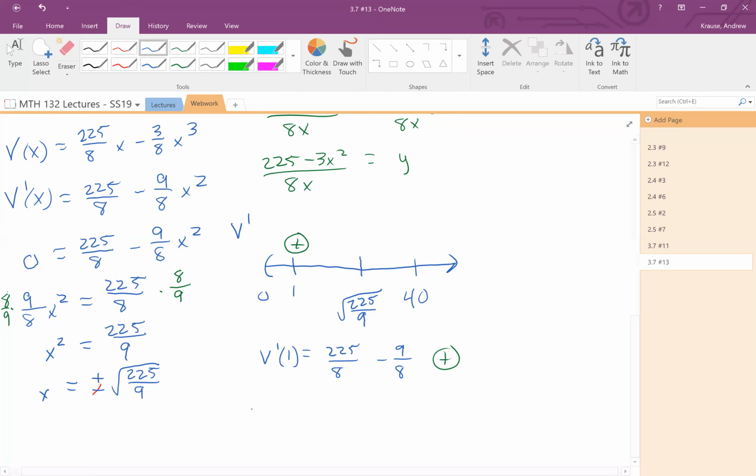And if we find v prime of 40, we get 225 over 8 minus 9 over 8 times 1600. And that, of course, is a really big negative number right here, so that's going to be a negative. So what we've shown here is that we have a local maximum.